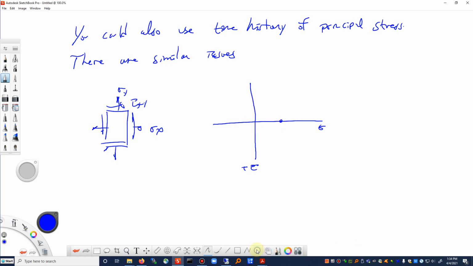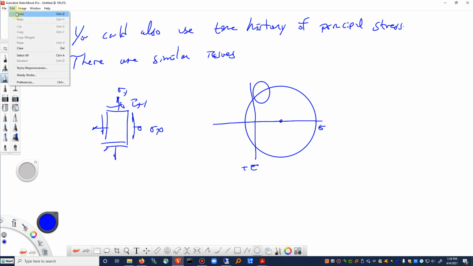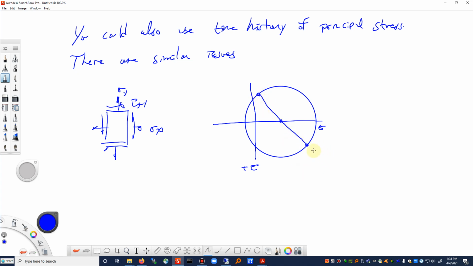If we have some proportional loading, then the circle changes radius, but the principal stress directions remain the same. That might be a way to use a time history of, say, your first principal stress.